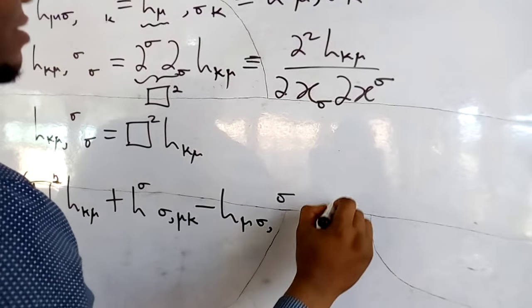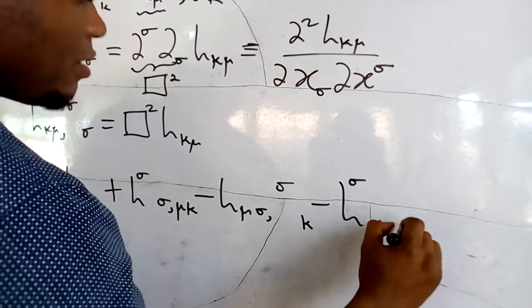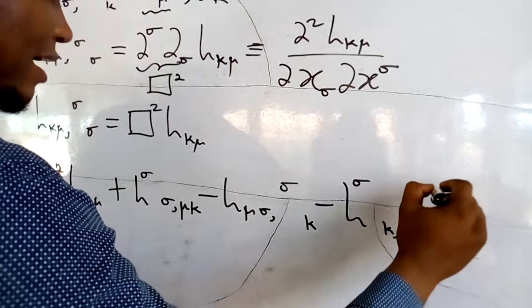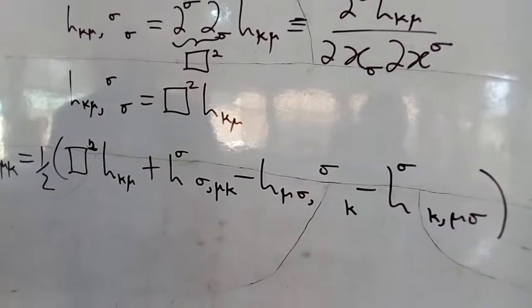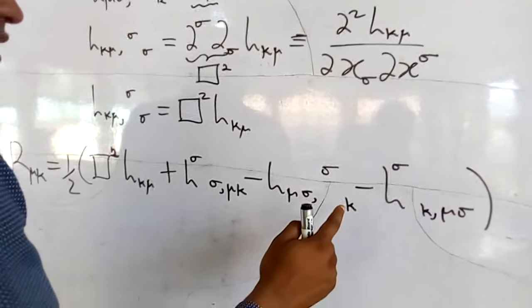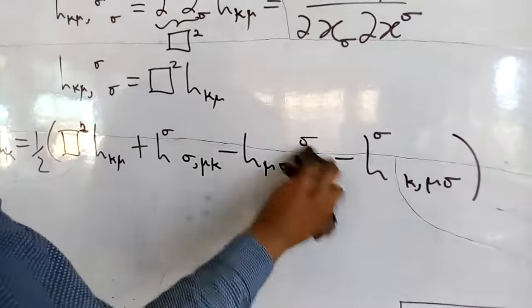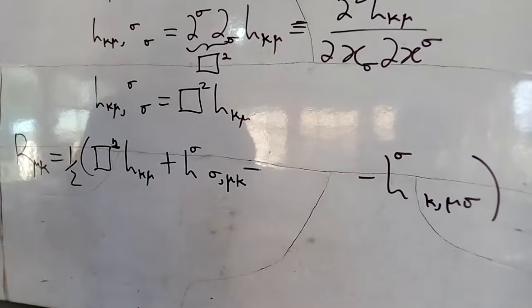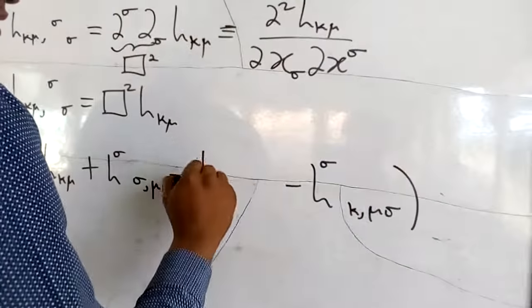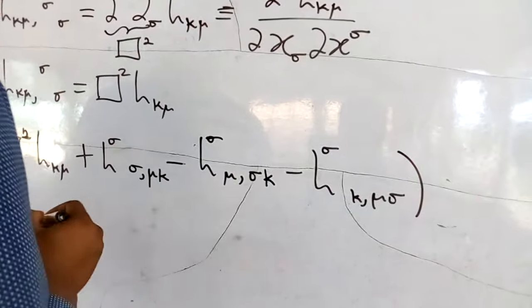And here, minus h sigma kappa, comma mu sigma. And that is that. I think I've rewritten this in the form so that the two can look just alike. This is h sigma mu, comma sigma kappa.